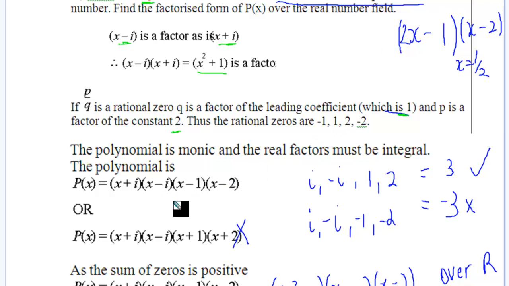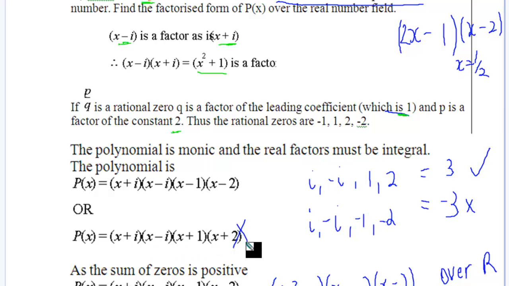Both are going to be minus or both plus, because the constant is positive 2. These two would give us positive 1, then these two would have to give us positive 2. So it's one of these two situations, but we're also told the sum of the zeros is a positive real number.